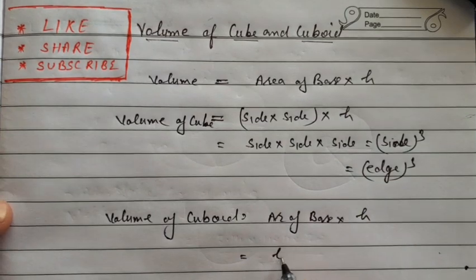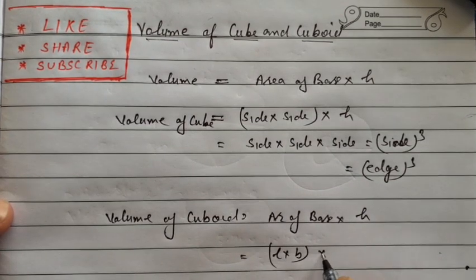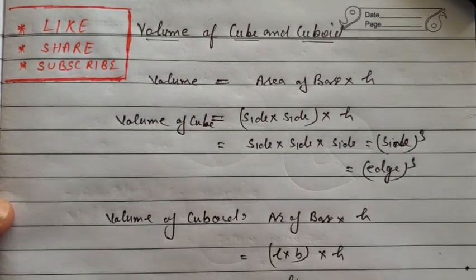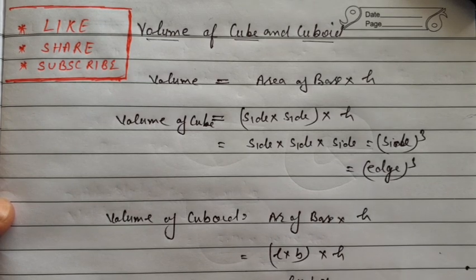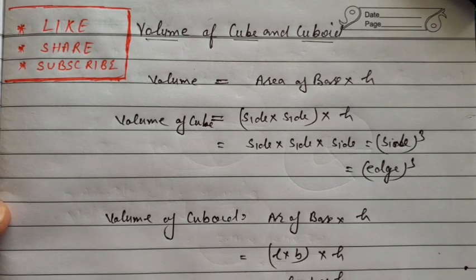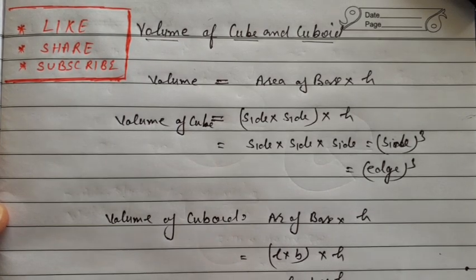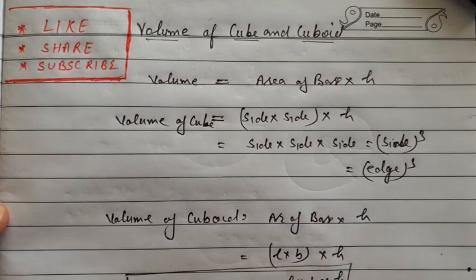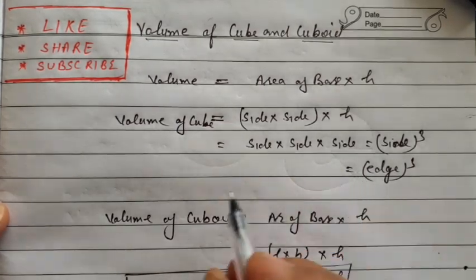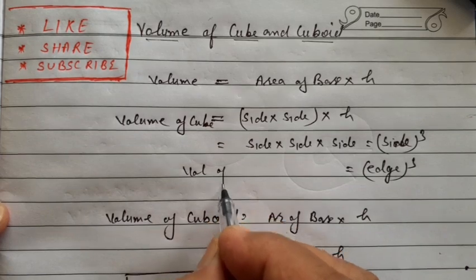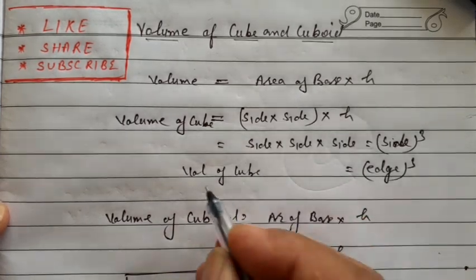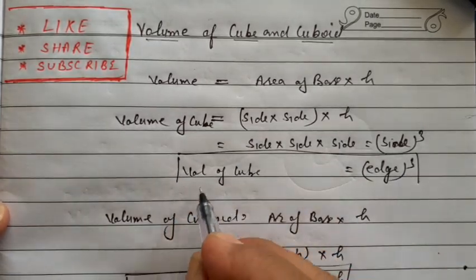So area of base is length into breadth and into height. So we can say that volume of cuboid is length into breadth into height. Similarly the volume of cube is equal to this. Here are two formulas.